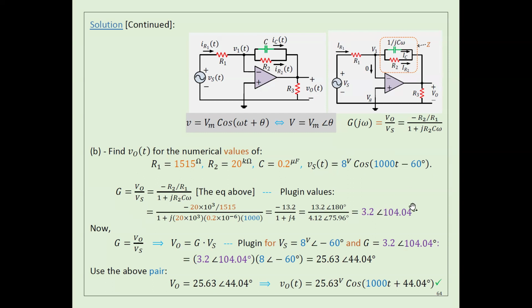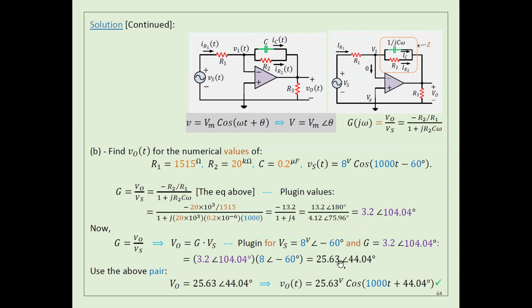The gain here is a complex number, as you see. And then I ask you to calculate V output. V output should equal gain times Vs. You already have the gain and the value for Vs, so you can multiply and find V output.